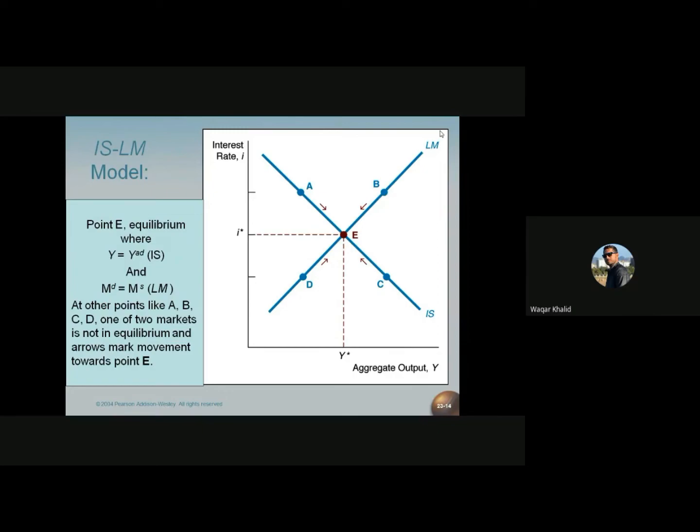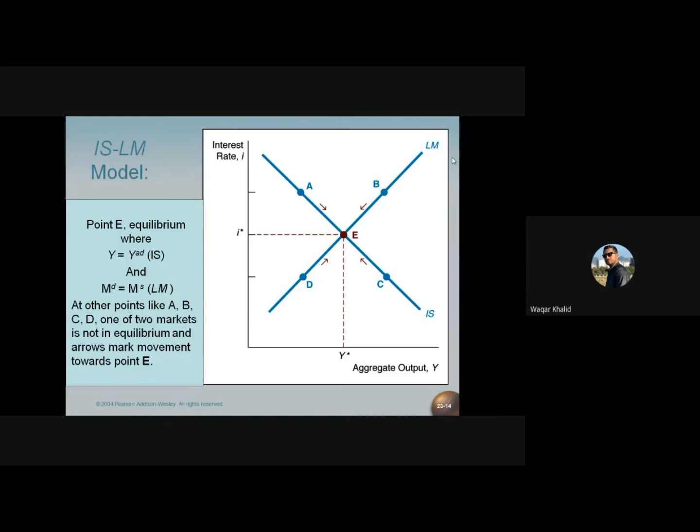So firms are unable to sell all their output, and unplanned inventory accumulates, prompting them to cut production and lower output. So the decline in output means that the demand for money will fall. If the demand for money falls, it means we have a lower interest rate. The economy then moves down along the LM curve until it reaches the equilibrium position.